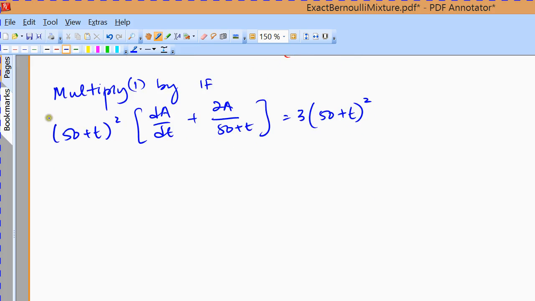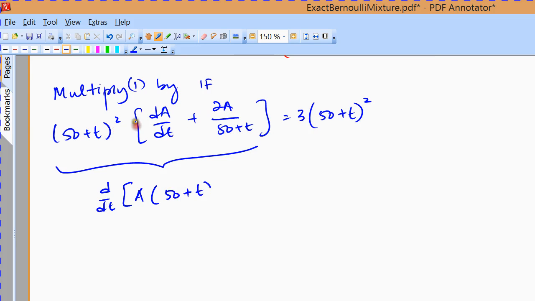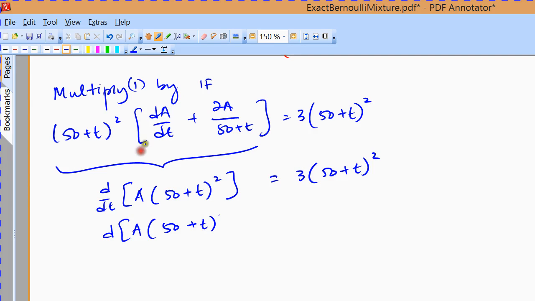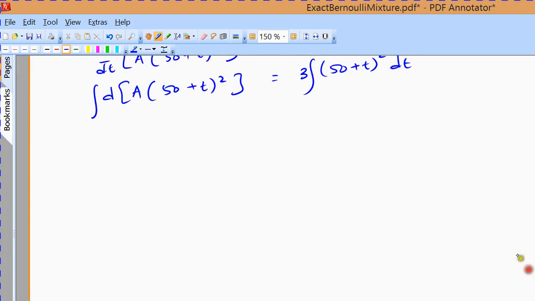So the left hand side simplifies to d/dt of A multiplied by the IF. Now we write d of A multiplied by (50 plus t) squared equals 3 times (50 plus t) squared.